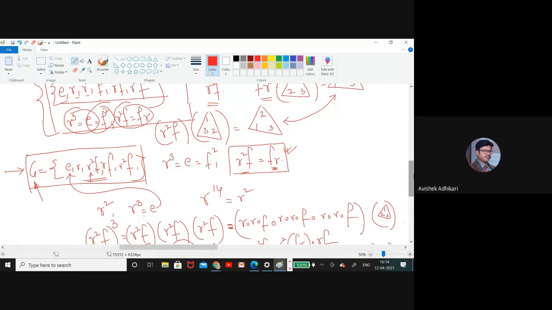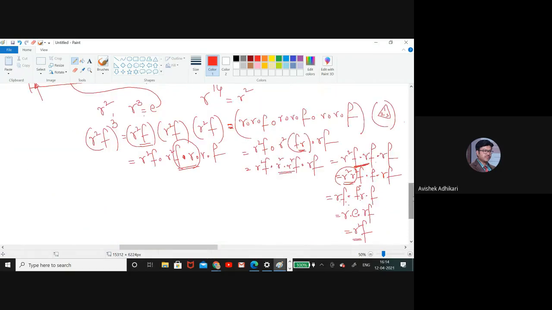Okay, now quickly, can anybody tell me what is the value of R square F into RF whole square? What is this value? Simplified form, because this is not an element of this, right?